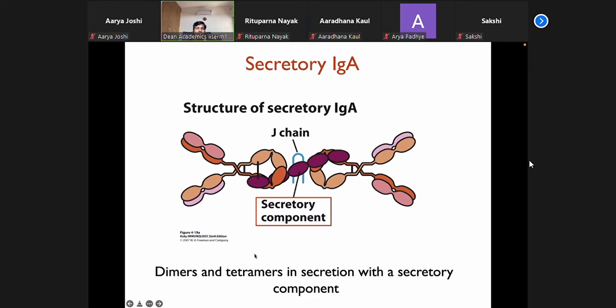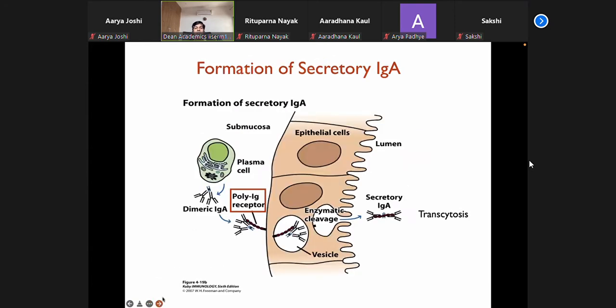So this exists as a dimer and sometimes in a tetrameric version. You find a lot of it in secretions, because it has a way of getting into secretions, and that mechanism is brought about by this secretory component, this purple colored chain that you have. This is where the secretory component is coming from.